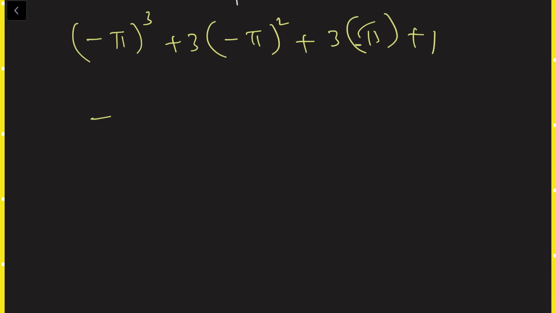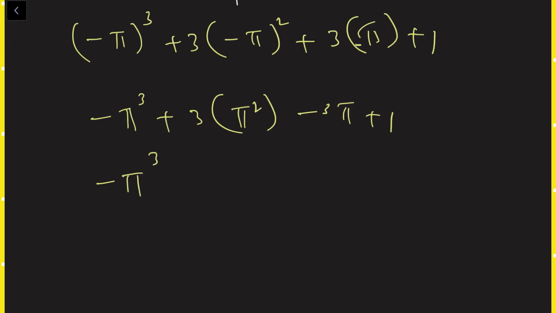Minus pi whole cube is minus pi cube, plus 3 into minus pi whole square, pi square, plus 3 into minus pi plus 1. So the answer is minus pi cube plus 3 pi square minus 3 pi plus 1. We cannot simplify further, so answer is completed.